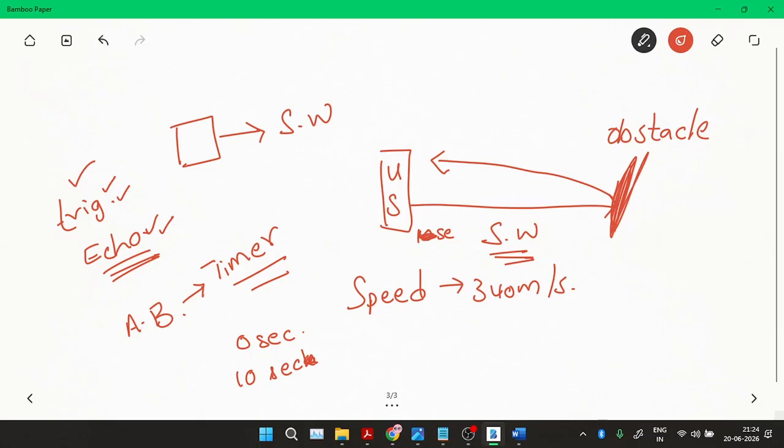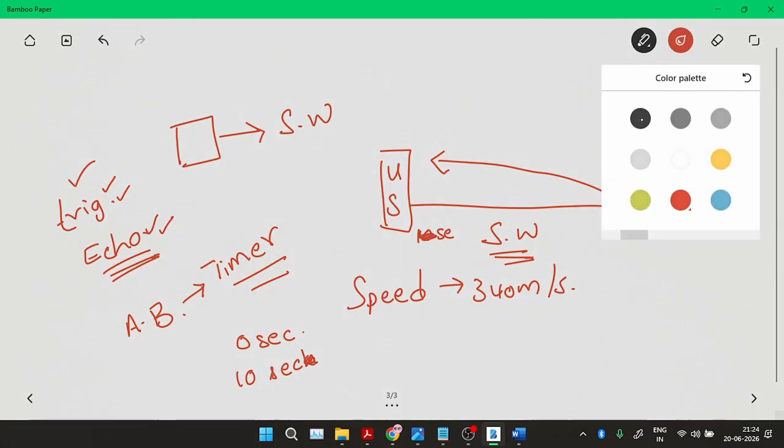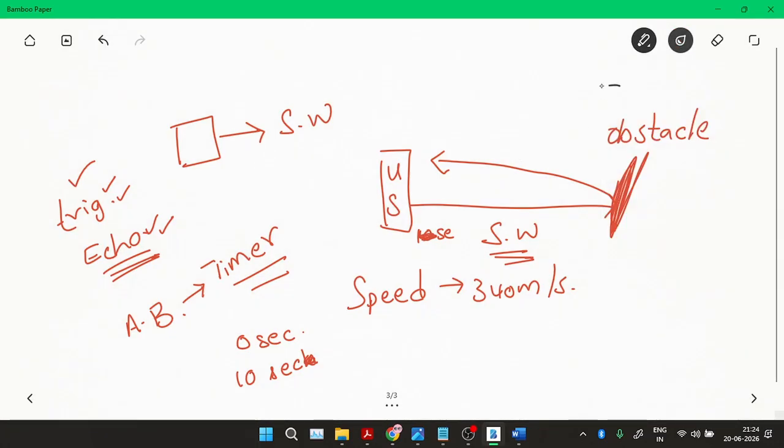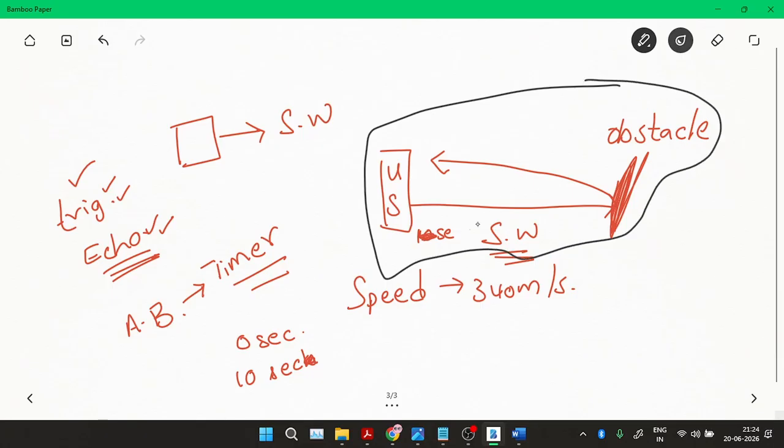If you observe this figure, this 10 seconds covers the upstream travel and the downstream travel of the sound wave, the forward direction and the reverse direction. But my obstacle is not 10 seconds far.